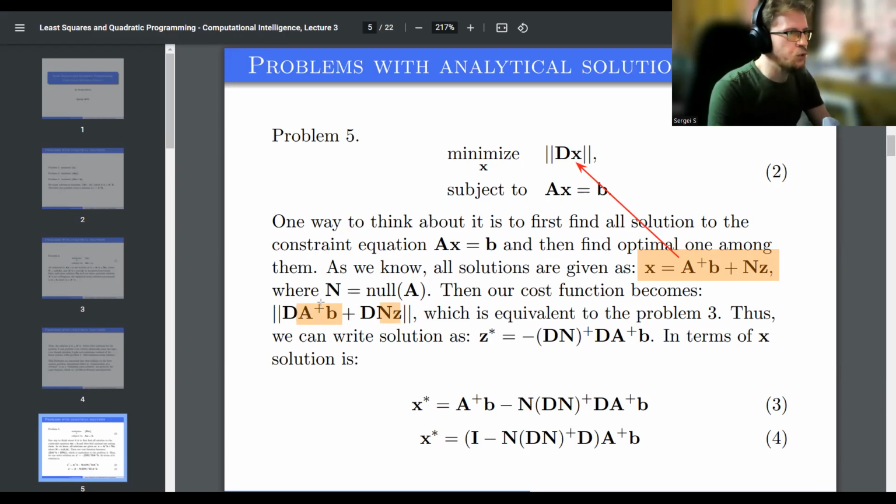So this is what we want to minimize. This is now what we want to minimize. D times A inverse b plus D Nz. Okay. But this we already know. We already know how to solve it. We know that a solution to this problem will be the same as the solution to the pseudo inverse, so a solution to the least squares problem, except the minus sign.